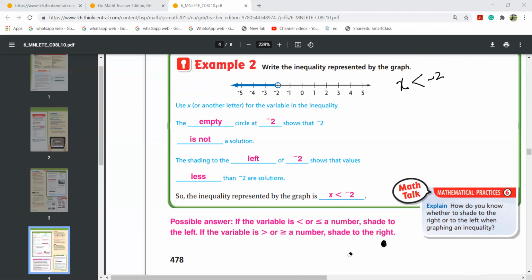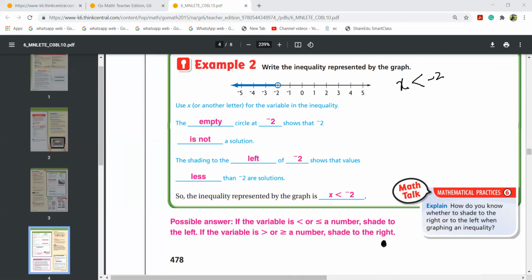Miss, why do they put here "not a solution"? The empty circle at minus 2 shows that minus 2 is not a solution. That means it is not equal to minus 2. It has to be less than minus 2. Your answer can be minus 3, minus 4, minus 5, but not minus 2.